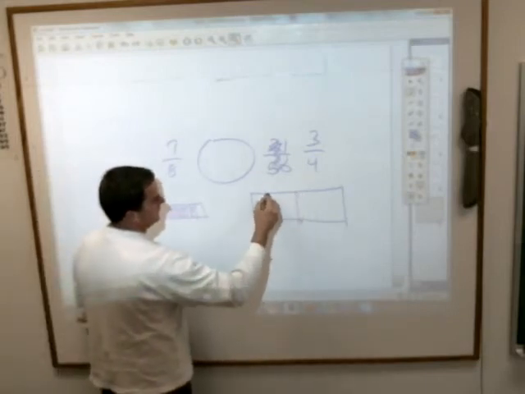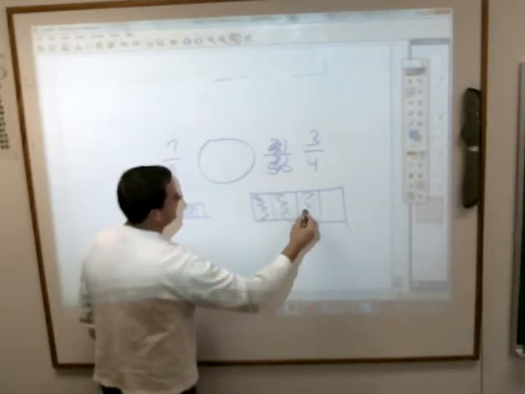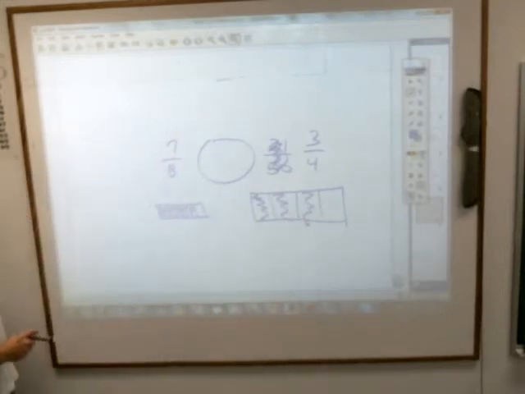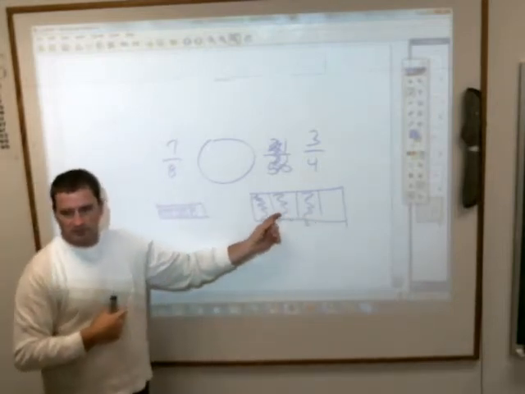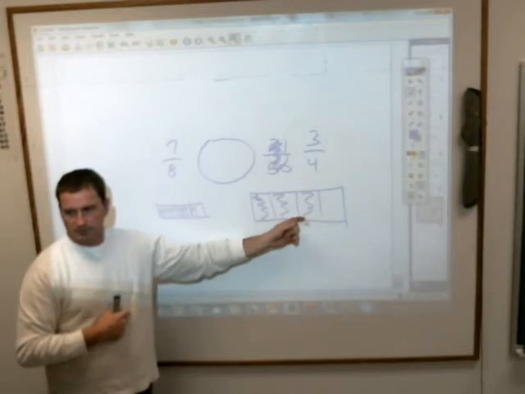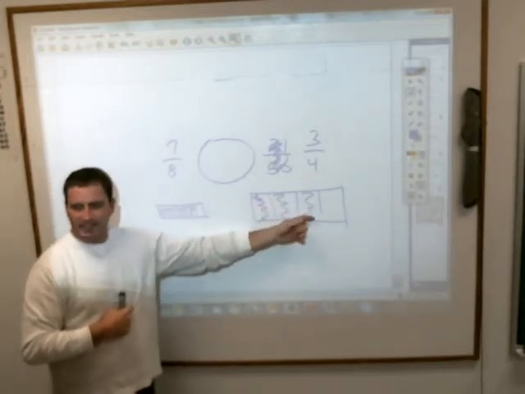Cut it into 4ths. I have 1, 2, 3 of them. Which one do I have more shaded? Caleb? 7/8. But isn't this bigger than that? Isn't there more of that there? Maggie? Aren't they equal?